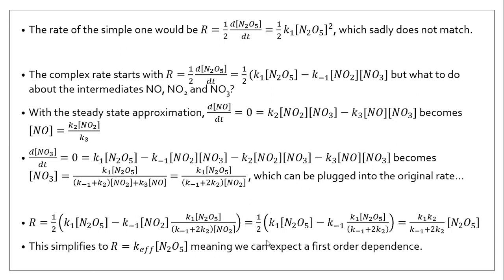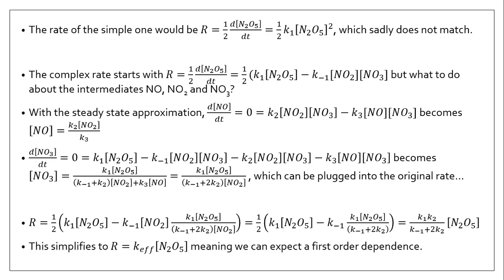So the NO2 is canceled out, and you have this nasty thing right here, but you can factor these together to say the rate of reaction 1 is k1k2 over k-1 plus 2k2 times [N2O5], which simplifies if we absorb all the k's together to a k effective times [N2O5].